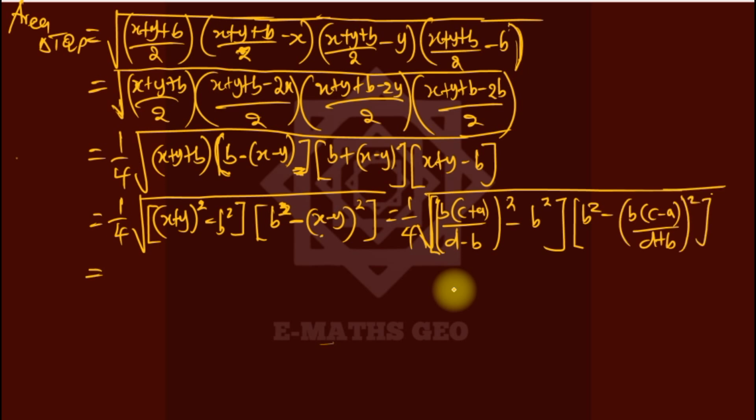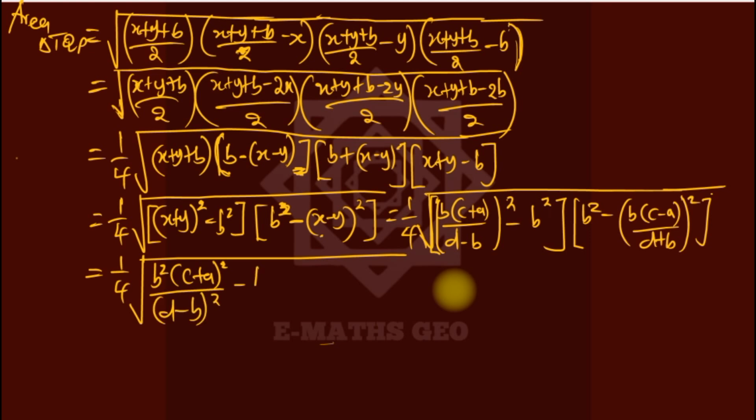so this could be written as b squared times ((c + a)/(d − b)) all squared minus b squared, times b squared minus b squared times ((c − a)/(d + b)) all squared.